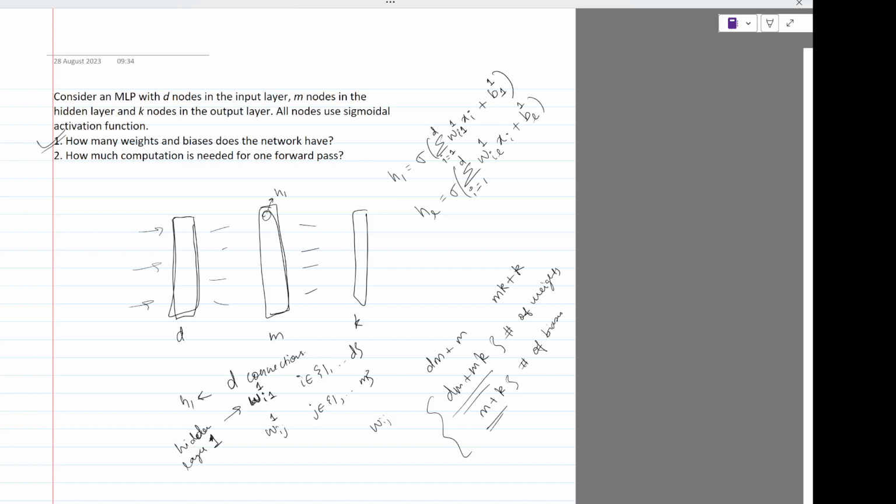Number of biases equal to 2. So each node in the hidden layer will have a bias, right?